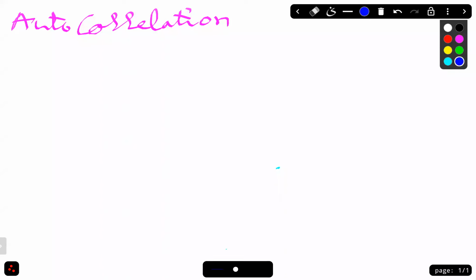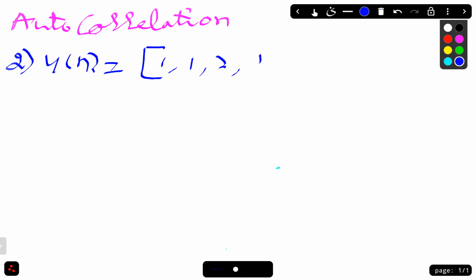What is the conclusion we will come out of these two examples? Here, like the second one, we are writing y of n is equals to 1, 1, 2, 1, right?